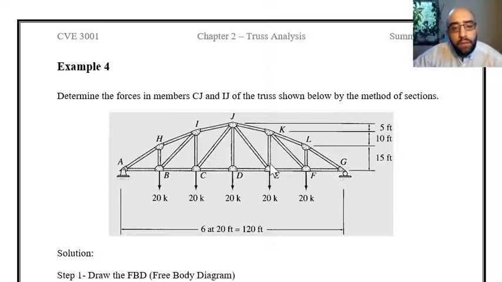So this is the question. It is asking about the forces in members CJ and IJ, and it is asking us to use the method of sections.